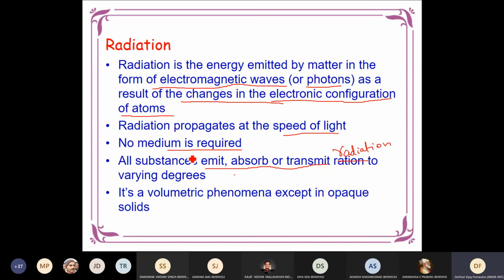Whereas if the material does not allow any radiation to pass through, we call it an opaque material. Radiation is actually a volumetric phenomenon except for opaque solids, where it is considered a surface phenomenon.